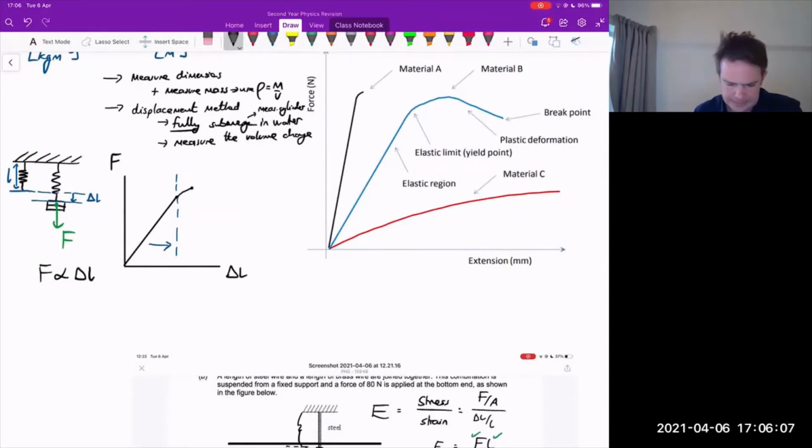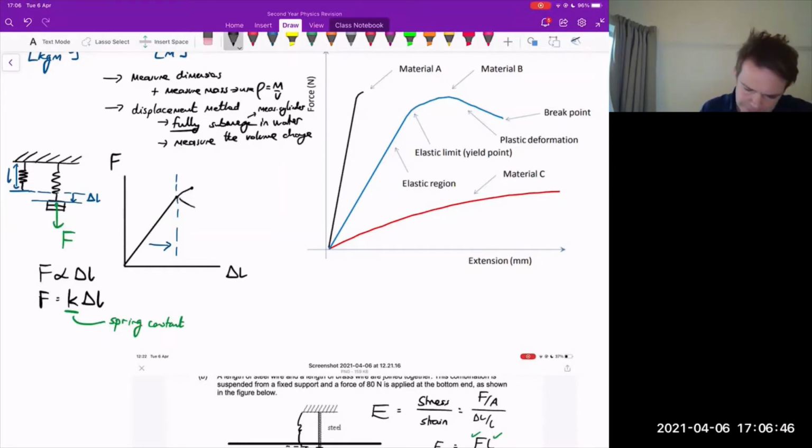And we know that this equation here, where we introduce a constant, the spring constant, allows us, for a particular spring or a particular sample, to work out the extension for a given force or vice versa. You should at this stage be really comfortable with direct proportionality. So I'm not going to say much more about that for now.